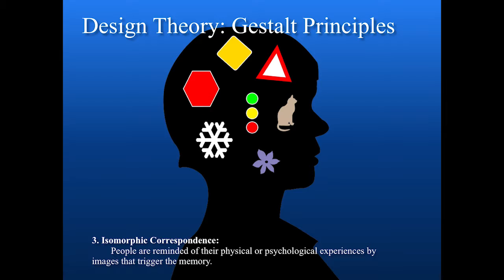Caution signs mean there's danger. Green, yellow, red: green is go, yellow is slow down, red is stop. You see a snowflake, you think of cold. These are things that are in our minds. These are shapes that are iconic, meaning that it triggers an idea, and it's not just a shape anymore. It has meaning.